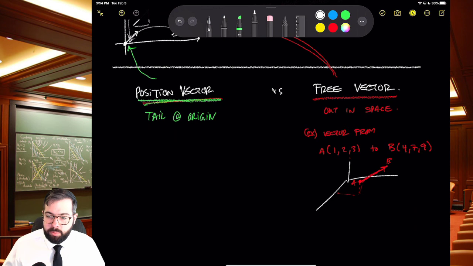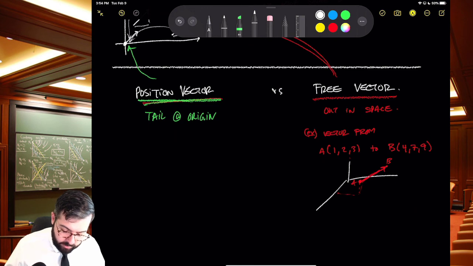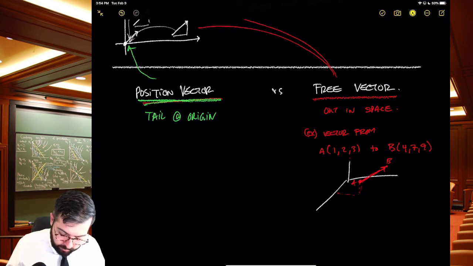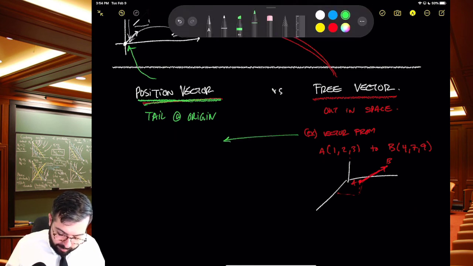And the reason is because they're a lot nicer to work with. So as a position vector representation of this, what we would do is say, well, the vector AB is really given by, actually, I won't do that yet.